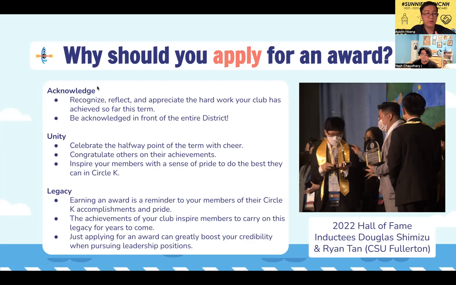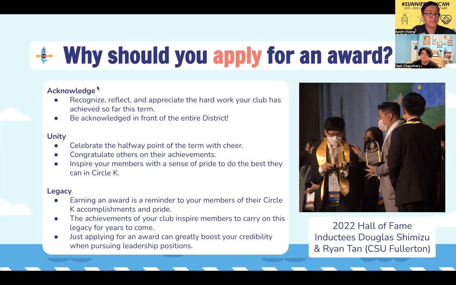If you put in the effort to just apply for the award, without any real consideration of earning it, just putting in the effort to apply can really help boost your credibility when you pursue future leadership Circle K positions. Again, going back to the acknowledging section, when you apply for an award, you reflect on what went well and what didn't go well, and it gives you good ideas for future Circle K leadership endeavors.